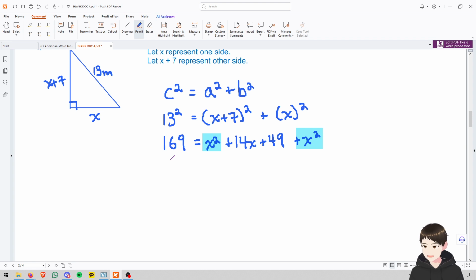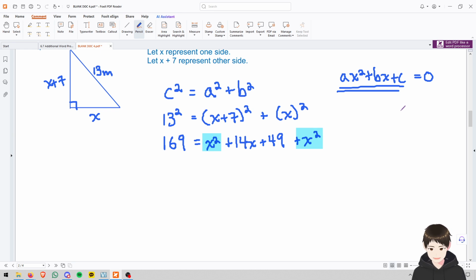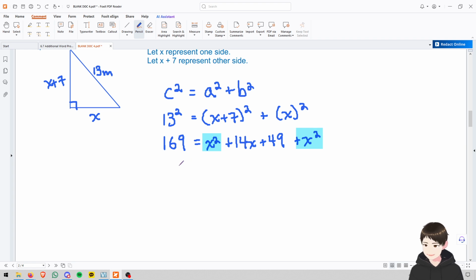That's annoying. The only tool we have is if we have our trinomial equaling 0, because then we can use factoring, or then we can use quadratic formula. Right? This doesn't help us, so let's manipulate it. Subtract both sides by 169.